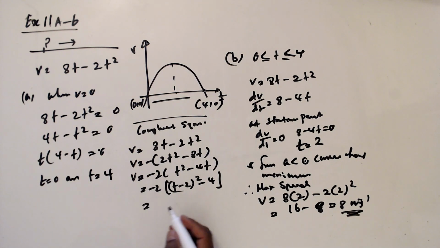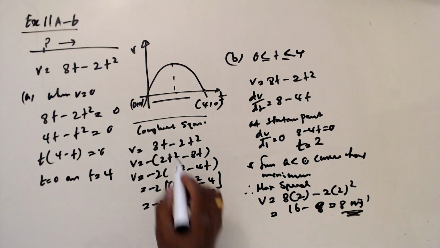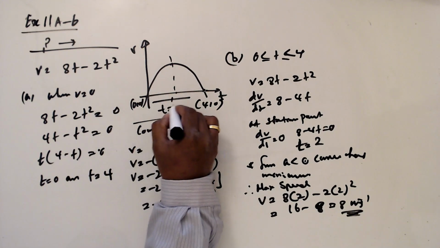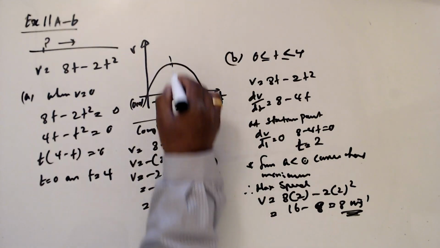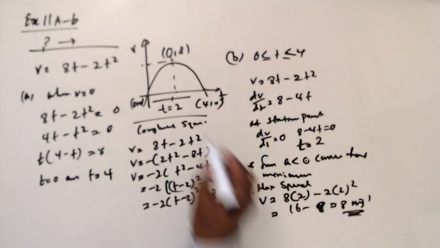So this is going to be minus 2 times (t minus 2) square plus 8. So t equals 2 is a line of symmetry, and this is the maximum 8, at (2, 8).